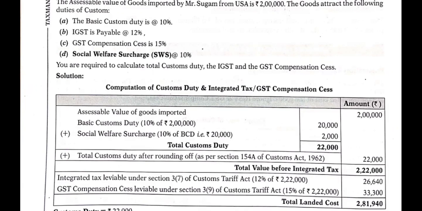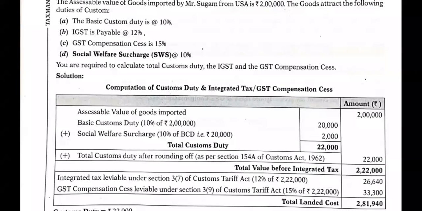So the heading of this problem will be computation of custom duty and integrated tax or GST compensation cess. So now again, assessable value of the goods imported, which is given, that is 2 lakh rupees. Basic custom duty, that is 10% of 2 lakh, 20,000 rupees. Social welfare charge.